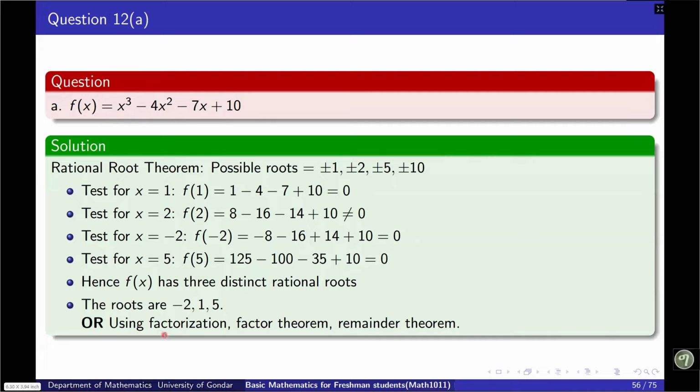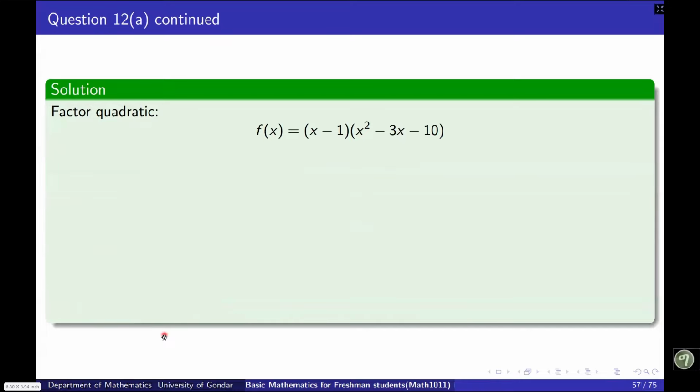Or even using the factor theorem and the remainder theorem, we can easily obtain the roots of the given polynomial function. Then for the quadratic expression, if we factorize, because one of the rational roots of the given polynomial function is 1, x minus 1 is a factor.